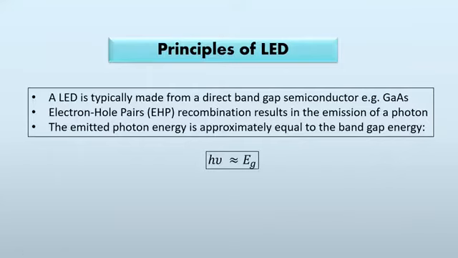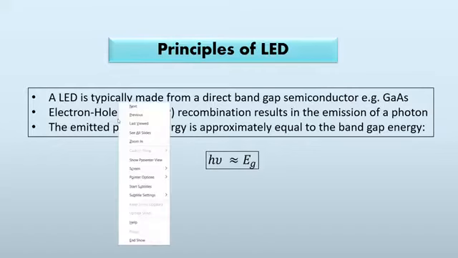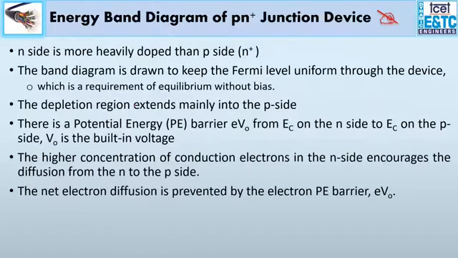So as I told you, the basic working principle is electron hole recombination. When the carriers are excited to the higher energy, they fall down and release a photon. Now, how are they excited to higher energy? When the system is forward biased, with the help of a forward current. Okay.